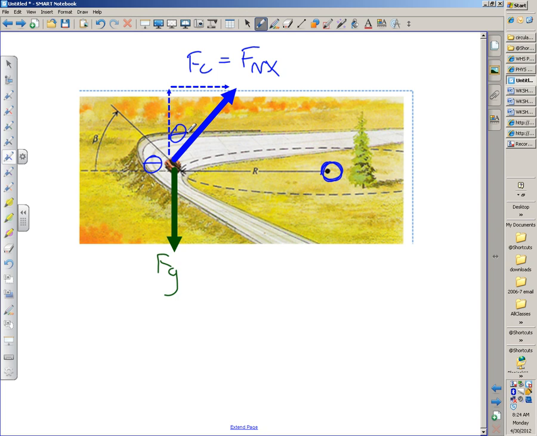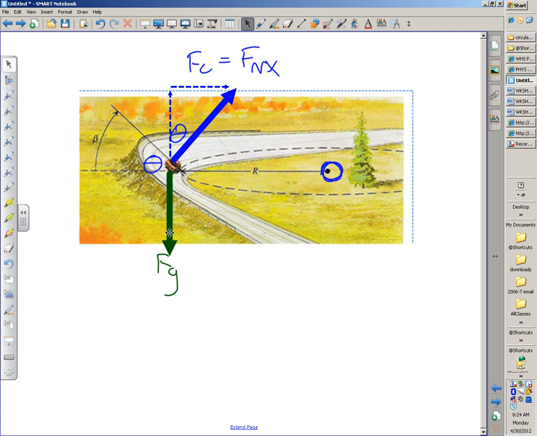In this case, if these are the only 2 forces that are acting on this object, what did we say about the vertical component of this triangle? It's going to be the same as gravity. If those are the only 2 forces on the y-axis, and this object is turning on the x-axis, those two, the vertical component of the normal force and the gravitational force, have to be the same.